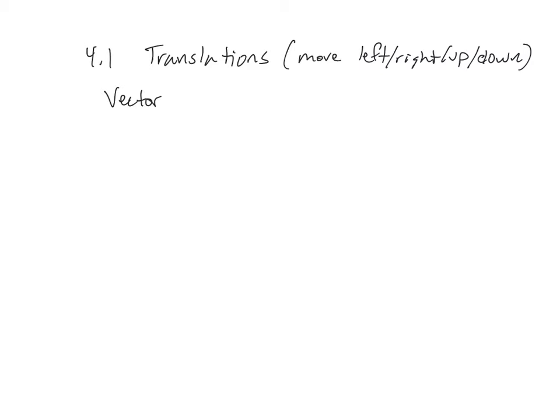So if you had, so that's a vector going from, I'm going to put S for start and F for finish.